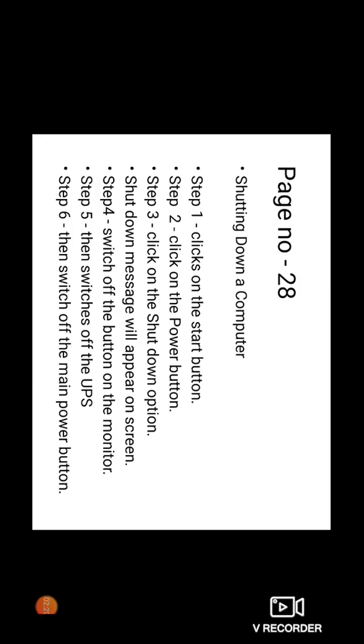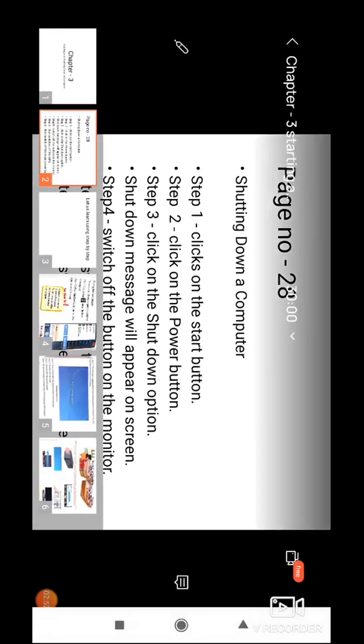Within a few seconds it gives you the display. Similarly, the computer also gives you a screen, which we call the desktop. And after your work is done, again you switch off the remote control button and then you switch off the main power button. So, here also let us see step by step.